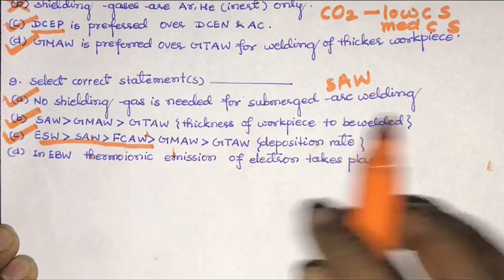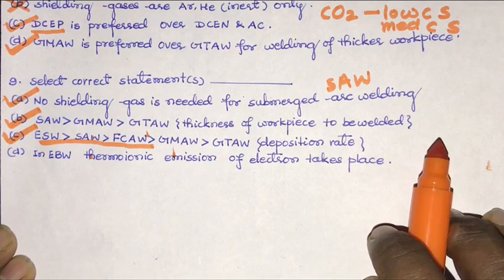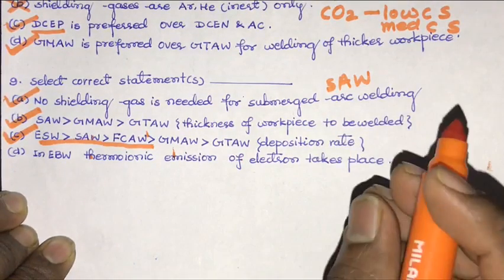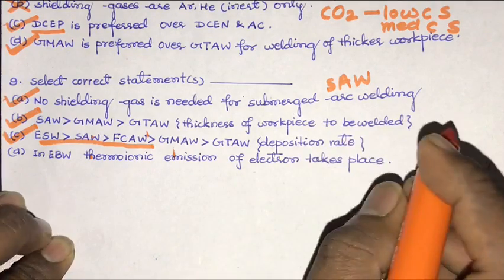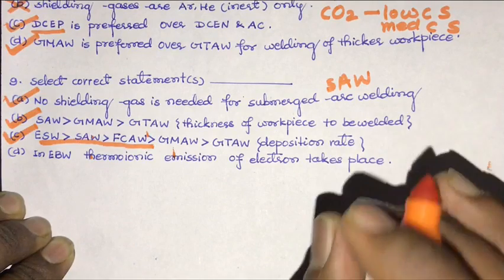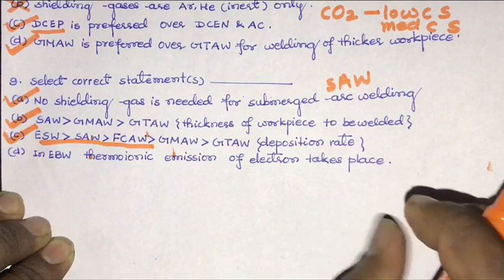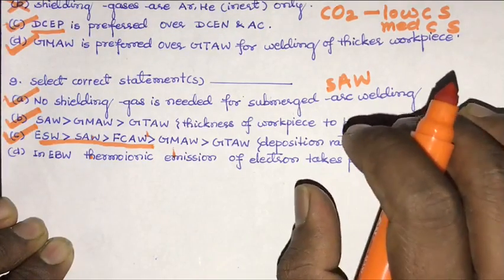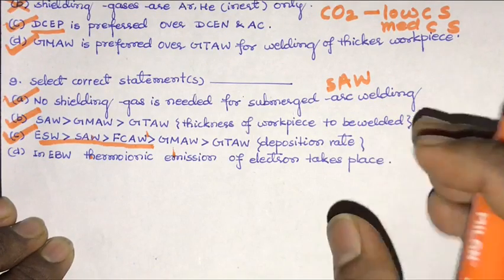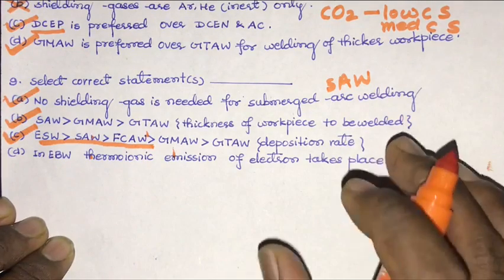In electron beam welding, thermionic emission of electrons takes place. In electron beam welding, the cathode of the electron beam gun, that is a negatively charged filament, is heated up to its thermionic emission temperature, and then this filament emits electrons which are accelerated by the electric field between the negatively charged cathode and the positively charged anode, and further they fall on the workpiece surface.